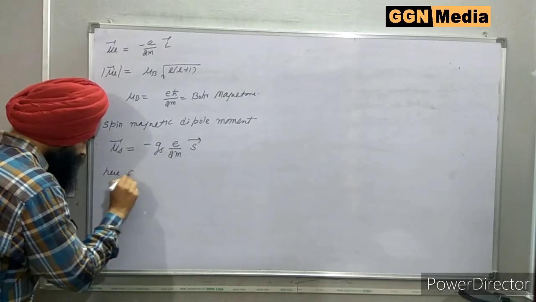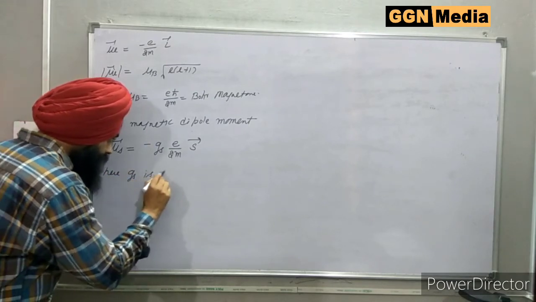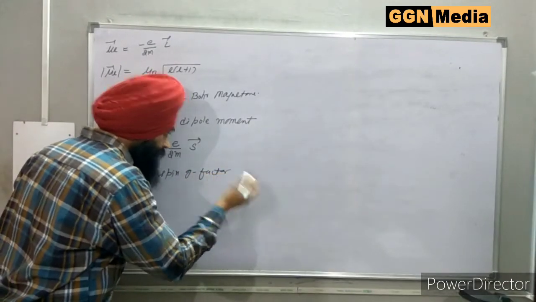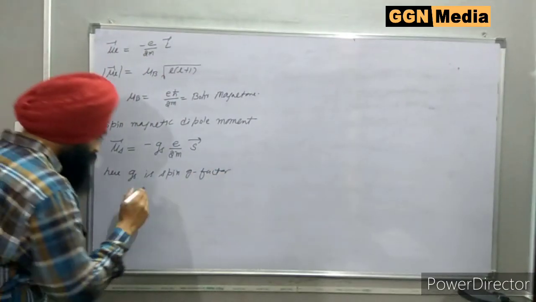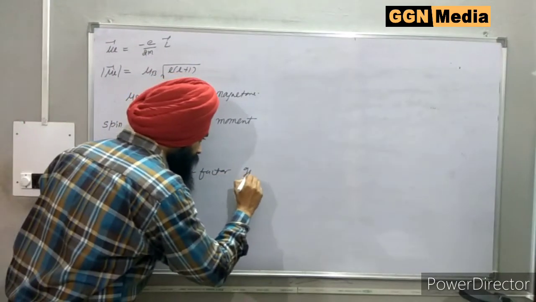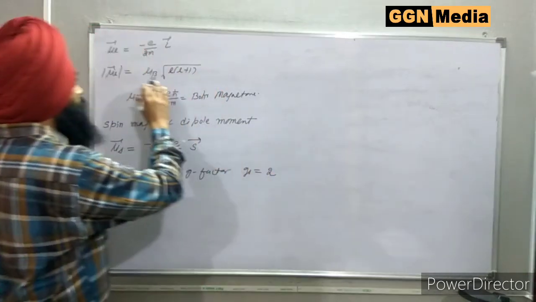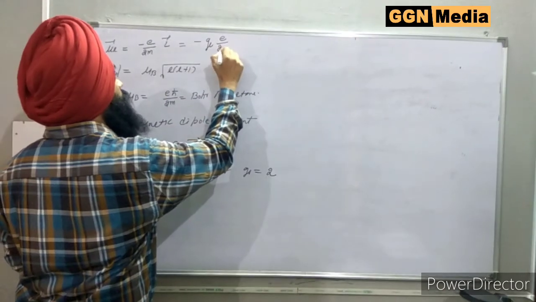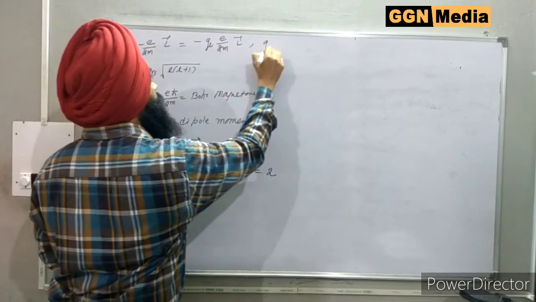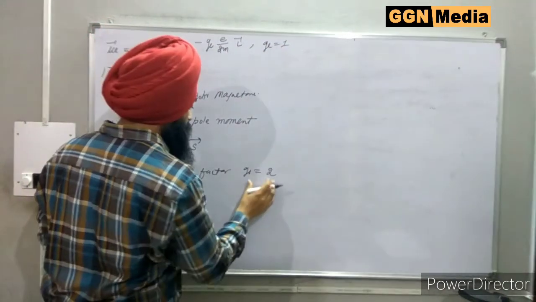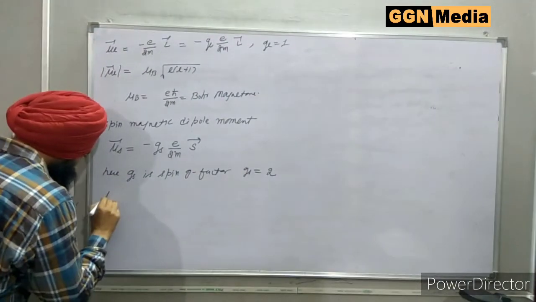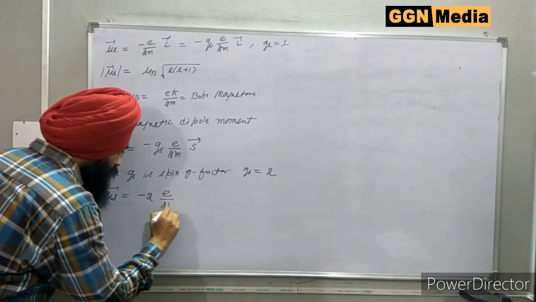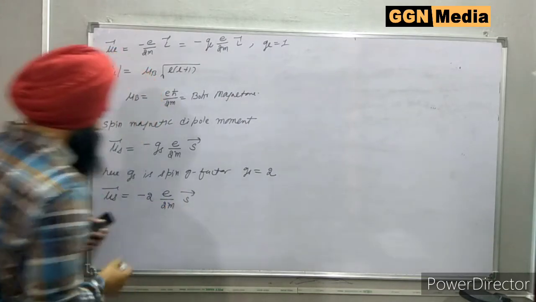Here Gs is the spin g vector, which comes from the experimental values. Its value comes out to be equal to 2. Here also we have minus GL e upon 2m into L. Here the value of GL is 1, but here the value of Gs is 2. So we can say that the value of mu S is equal to minus 2 e upon 2m into S.